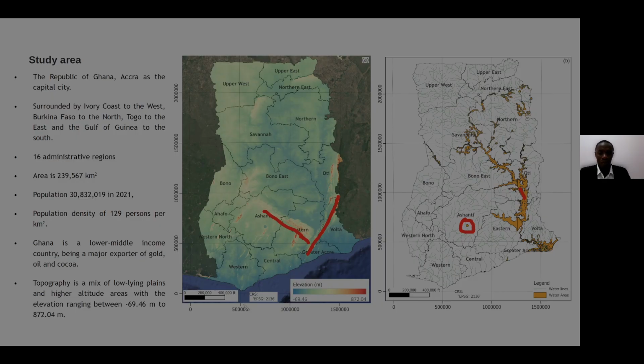The topography of the country is a mix of low-lying plains with higher altitude areas, with elevation ranging between minus 69 meters to 872 meters above mean sea level, according to the Copernicus DEM data. All the maps that I'm using are represented in the Ghana National Grid CRS, Coordinate Reference System.